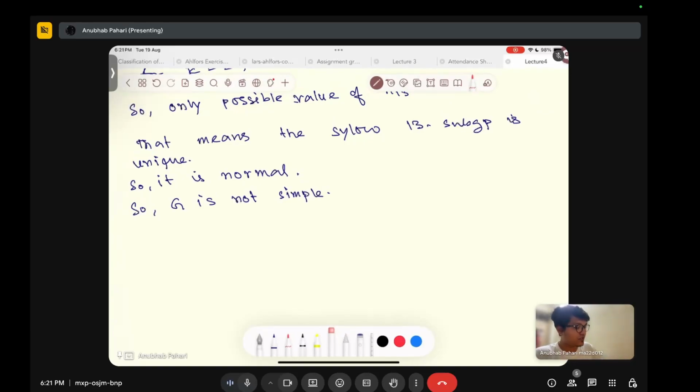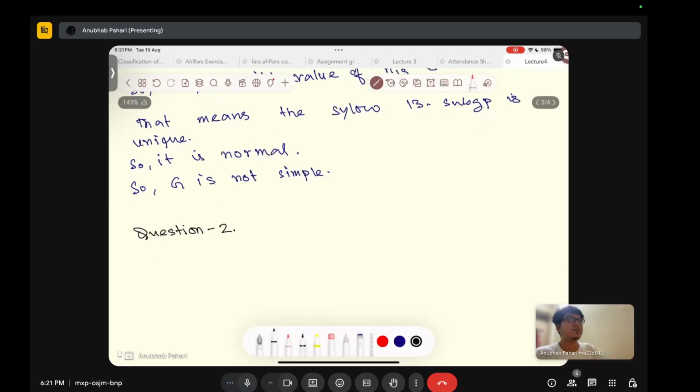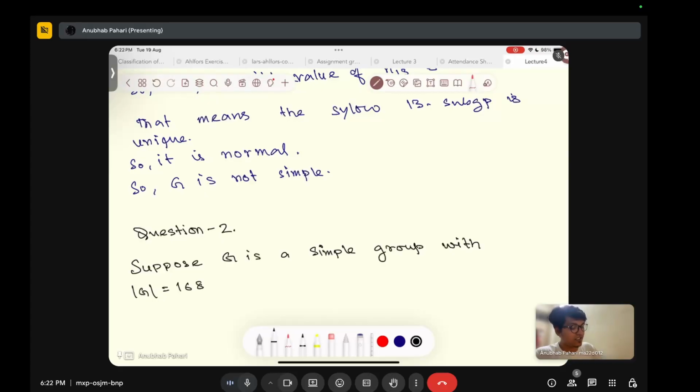Now we continue to our second question. Suppose G is a simple group with order of G equal to 168.